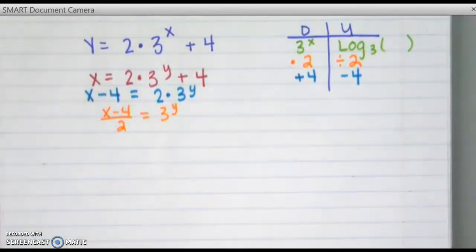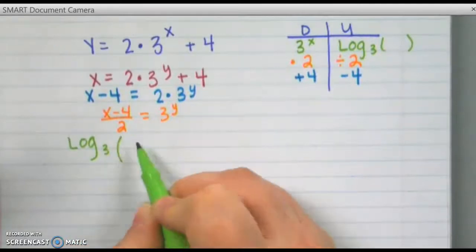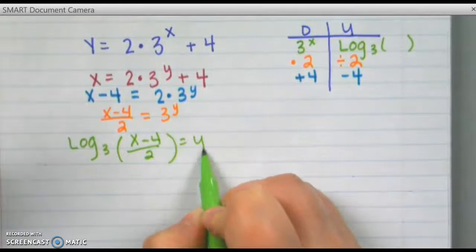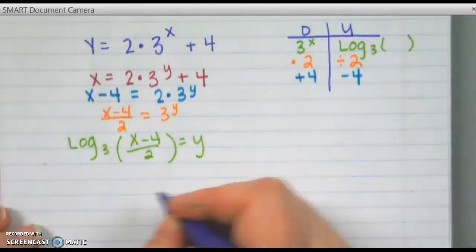So now the 2 is gone. And I'm going to convert this to a log. So my base is 3. And everything inside the log is what I had already written. All right, flip it around to make it nice.